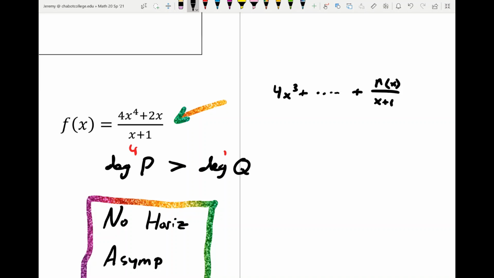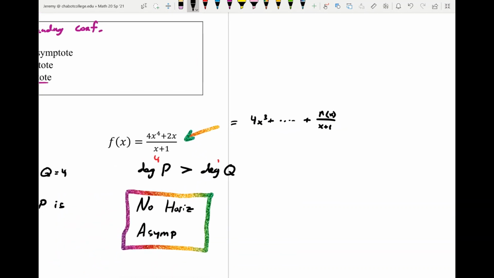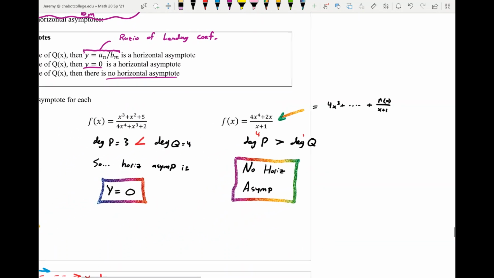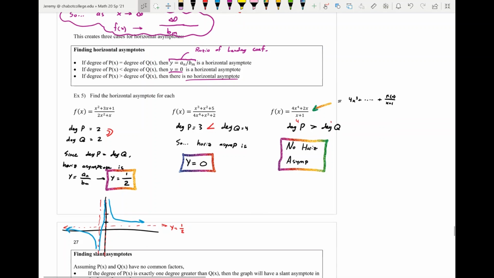But really, it would look like a polynomial. So it kind of makes sense that we wouldn't have a horizontal asymptote for this one. We're going to end up having end behavior that goes like this. It's a degree 3 polynomial, essentially. So anyway, no horizontal asymptote for that last one.